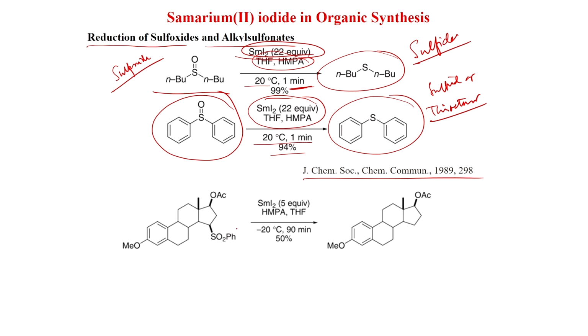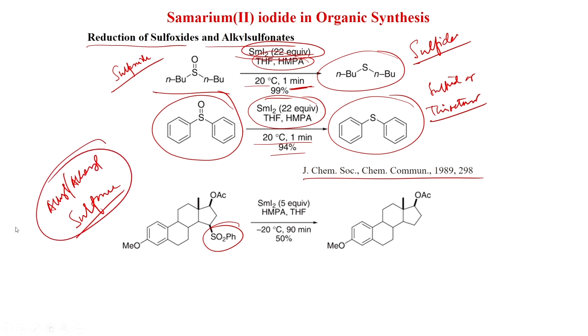Now, if you have a sulfone, so this is called sulfone, and generally the alkyl alkynyl sulfone. Alkyl alkynyl sulfone, it gets completely eliminated under samarium iodide condition. So, here samarium iodide 5 equivalent, HMPA THF, minus 20 degree centigrade, 90 minutes, 50% yield of this product.